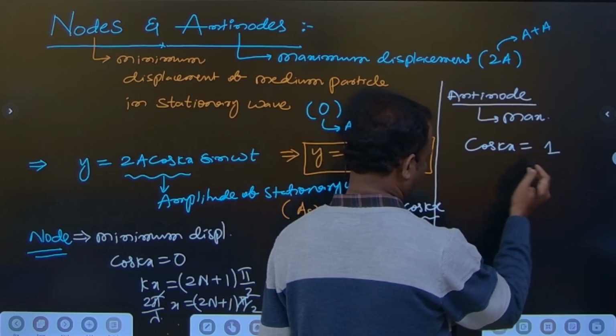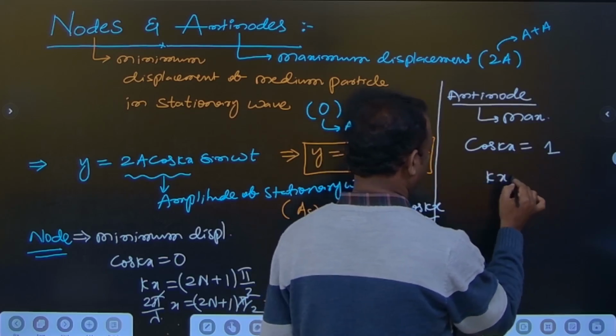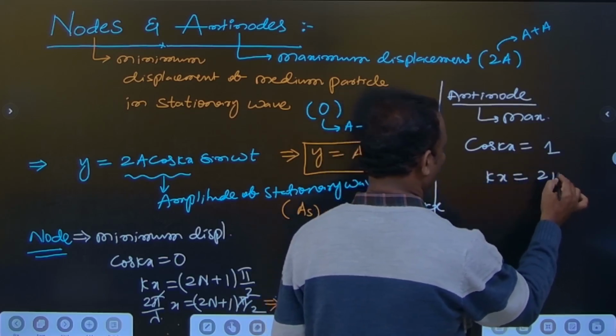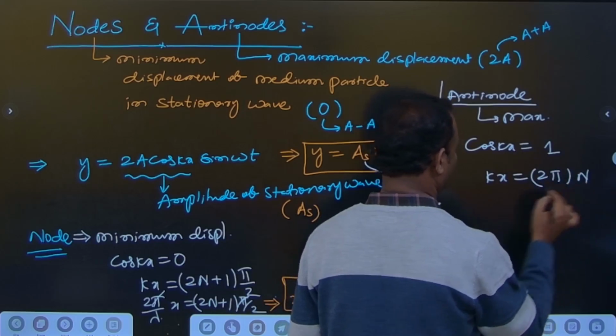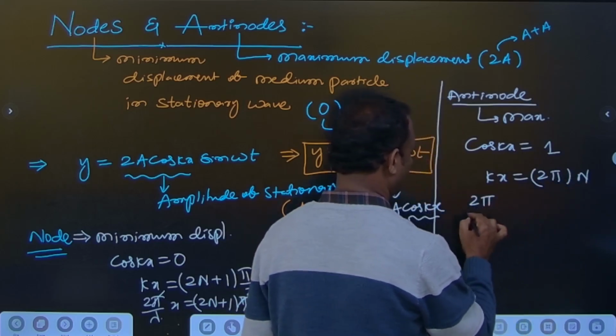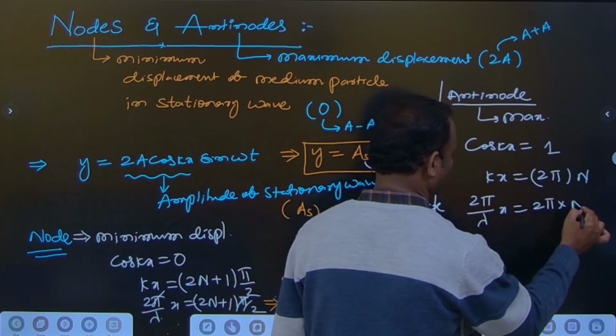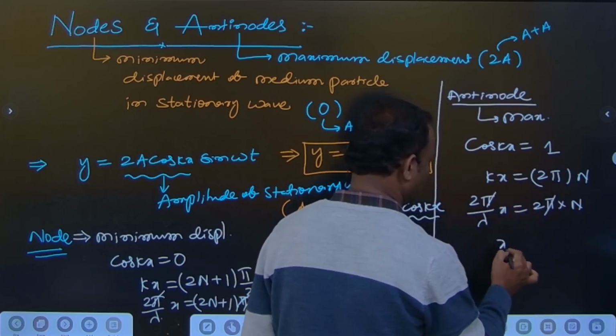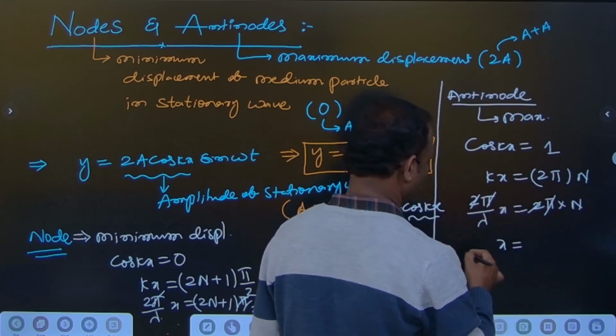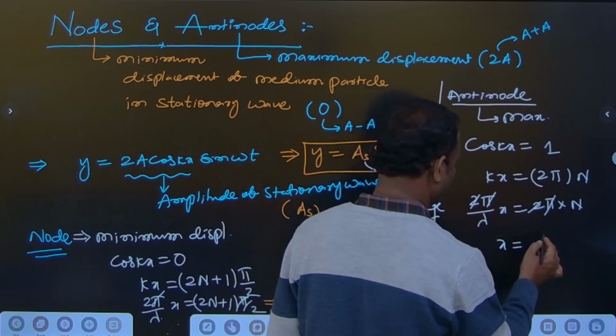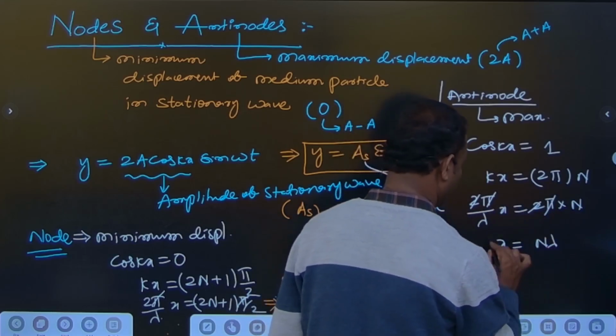So kx equals 2 pi times n. Since k is 2 pi by lambda, 2 pi by lambda into x equals 2 pi into n. Pi cancels and 2 cancels, so x equals n lambda.